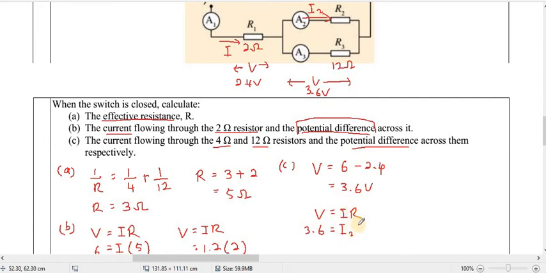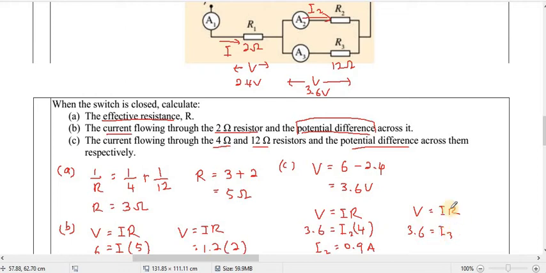So this resistance is 4, so the current 2 will be equal to 0.9 ampere. And then V equals IR again. The potential difference here at R3 is also 3.6 volt.